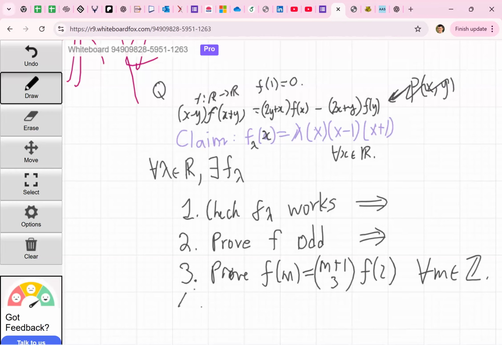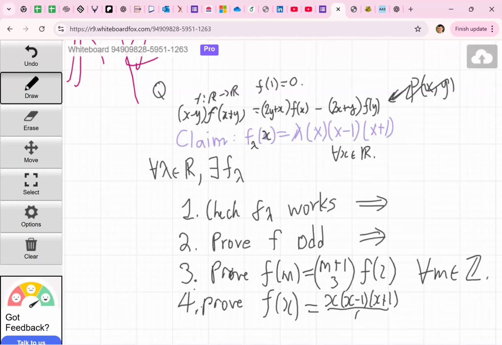And then for 4, f of x equals (x minus 1) x (x plus 1) over 6 times f of 2 for all x in the reals that are not integers. Does that make sense?